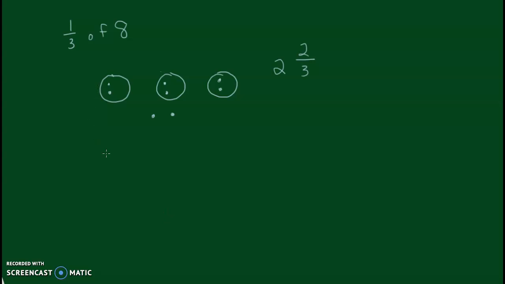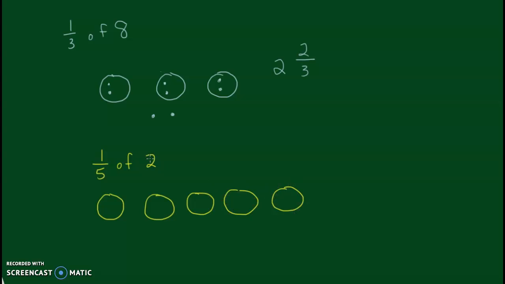For another example, let's think of 1/5 of 2. So for this, we could draw 5 circles. So there's our 5 circles. And we have 2 to put into each of these groups. Well, we can only get 2 of those done.